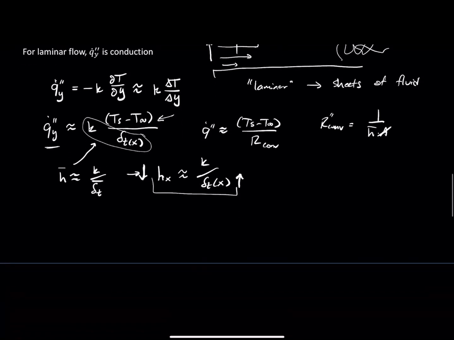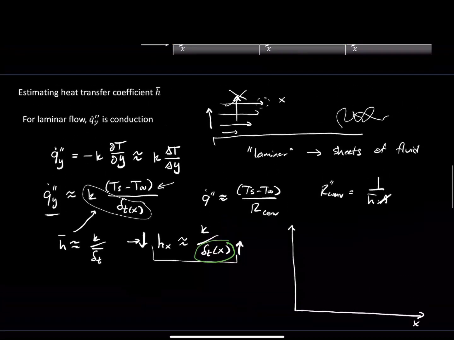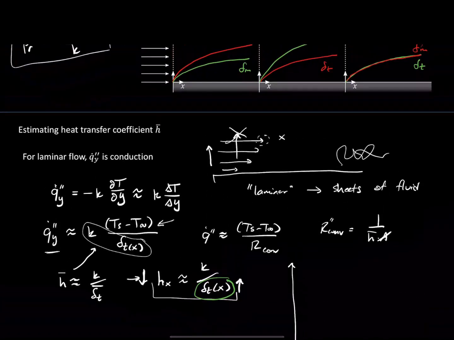So maybe let's plot that out just to understand what I mean. Here we've got these quantities that we're plotting as a function of x. First I'm going to plot the local heat transfer coefficient, h of x, in the color green. As we go to the start of the plate, at the very leading edge, what is the boundary layer thickness?